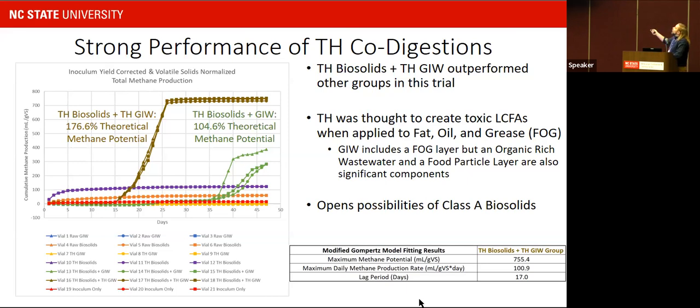Though the clear top performer is when both substrates are thermally hydrolyzed, showing process improvements such as shortened lag period, high production rate, and high total methane yield or maximum methane potential. Another thing to call your attention to is the high theoretical methane potential recovery.